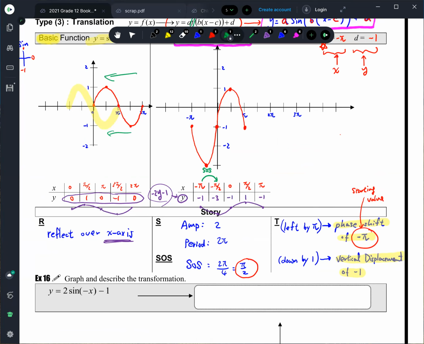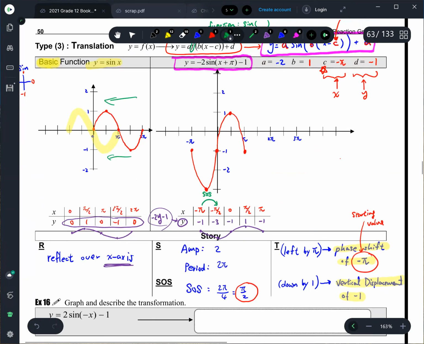Anyone? How do we start the x values? Do we start with 0? Yeah, Sophie? You start with C. Yes, you start with C, okay?